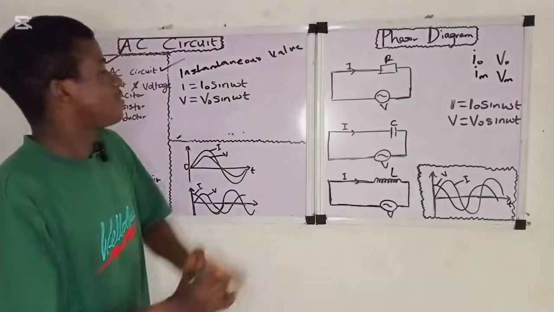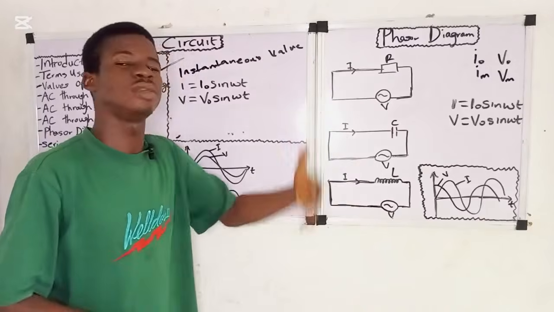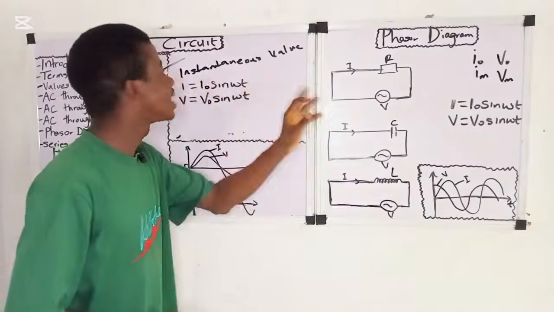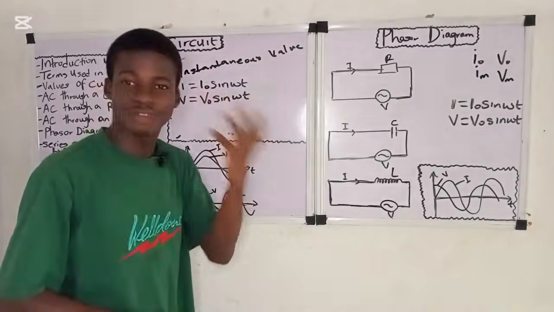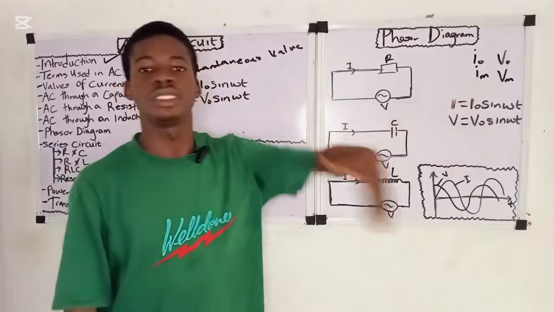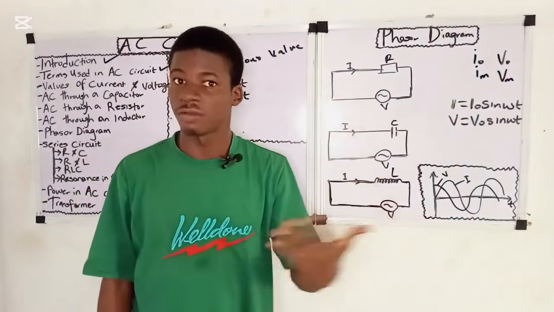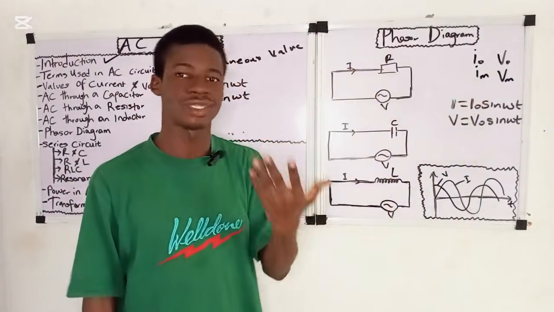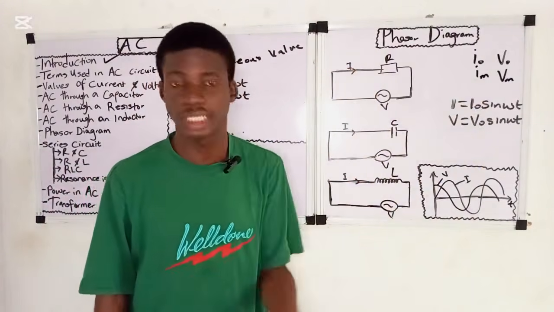That value of current or voltage at a particular instant of time is known as the instantaneous value. So I is the instantaneous value of current, equal to the peak value of current times sine omega t, or sine wt.